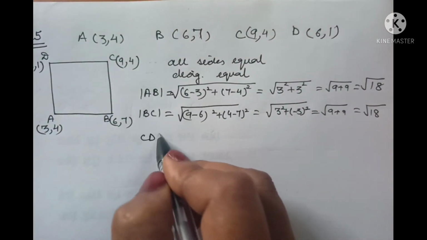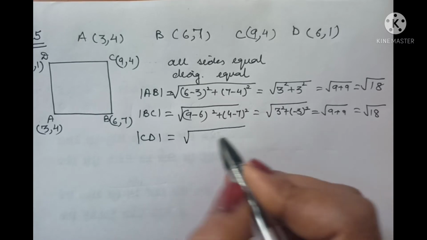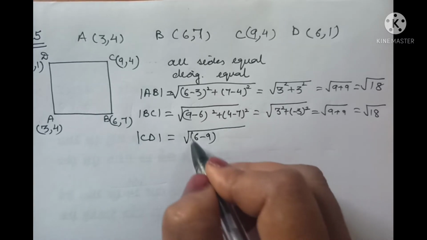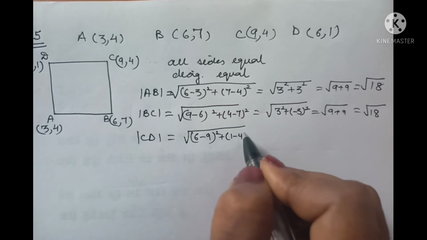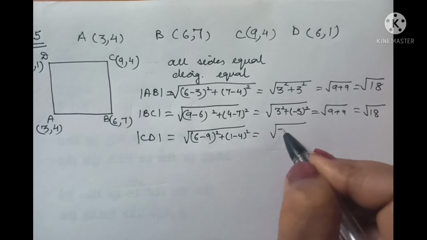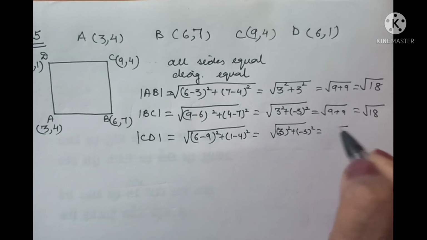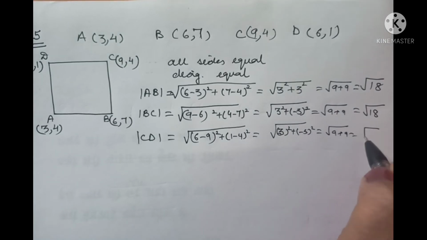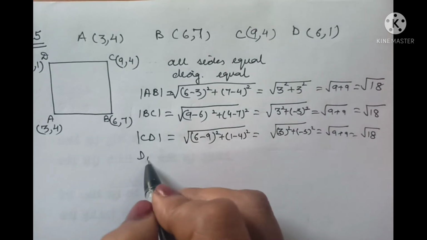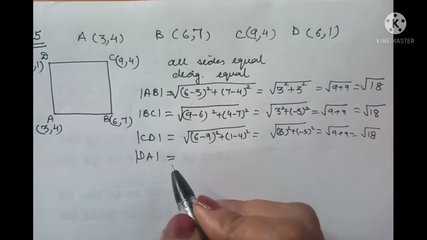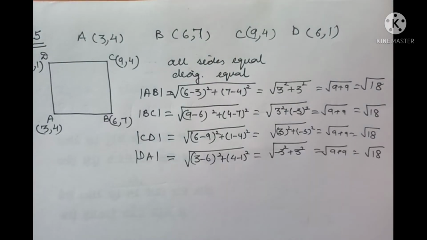Let us find out CD, which is (6 minus 9) square plus (1 minus 4) square, and solving them I would again get (minus 3) square plus (minus 3) square, which is 9 plus 9, that is root of 18. And solving for DA I get root of 18.